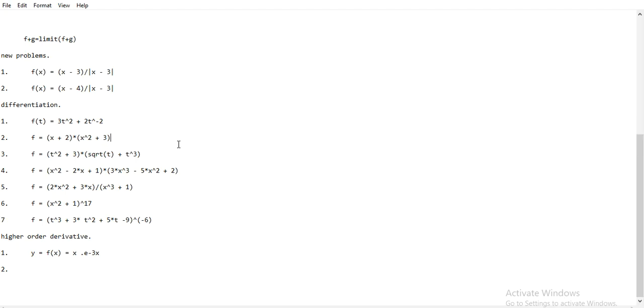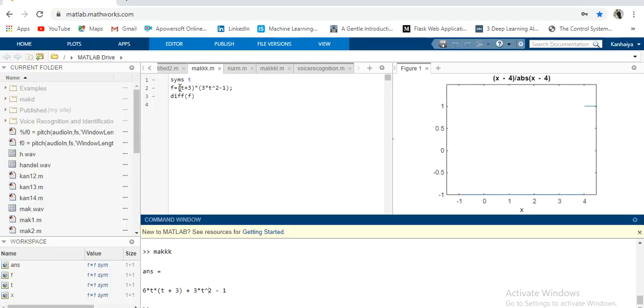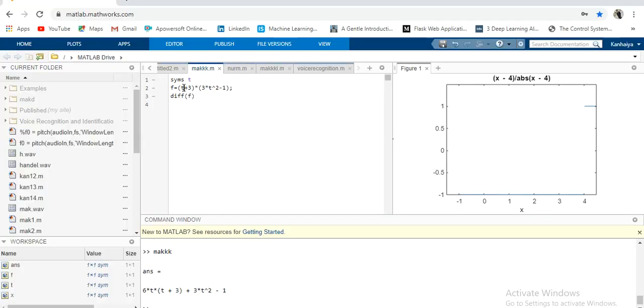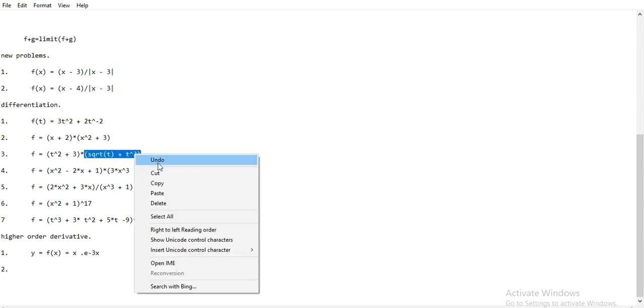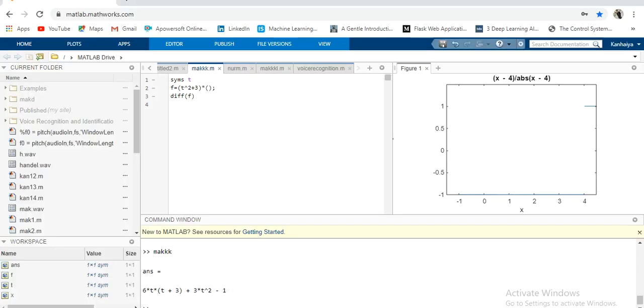Now let's go to this one. This is the problem. T square plus 3, t square plus 3, and this one different. And this was the problem.